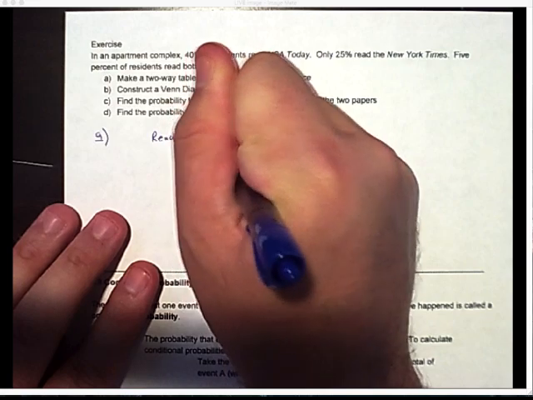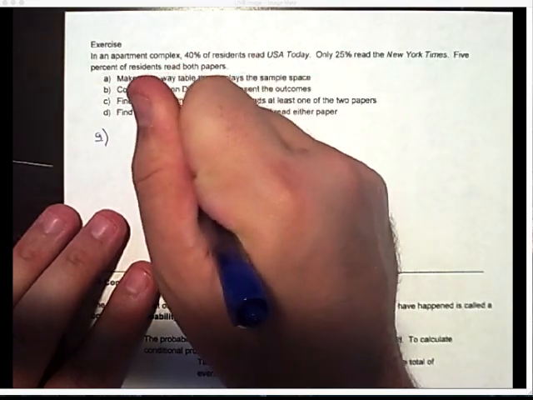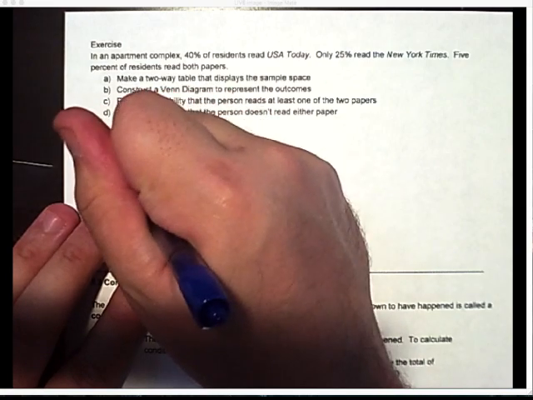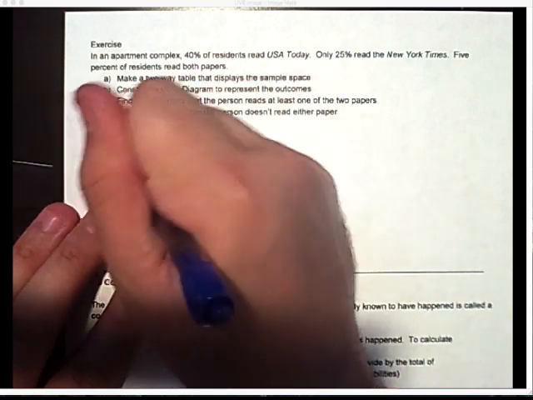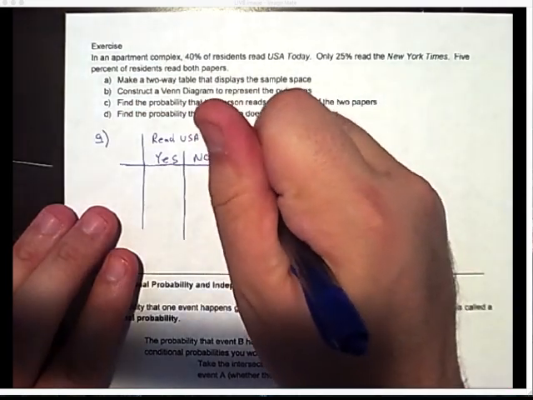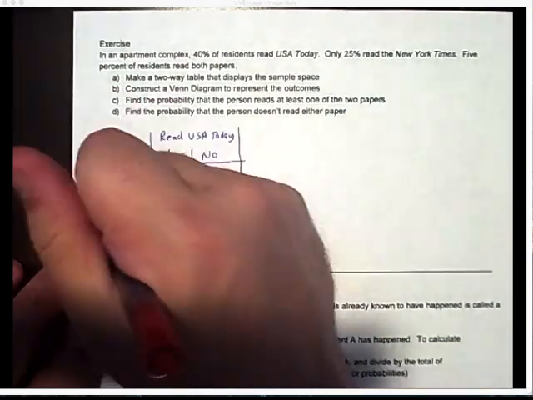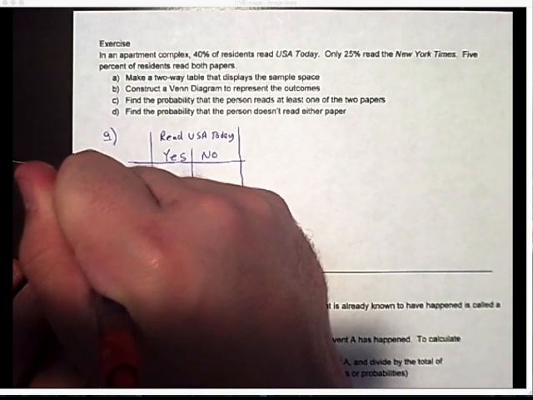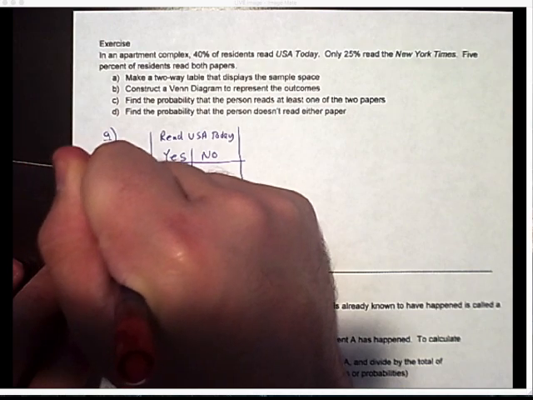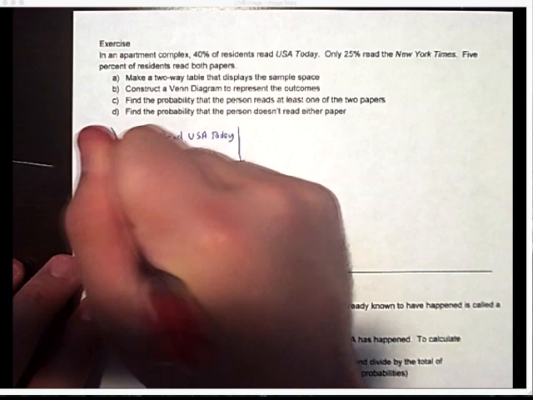And either someone does or does not, so I could say yes or no. And over here, I can say read New York Times. And people can do one of two things, yes or no.